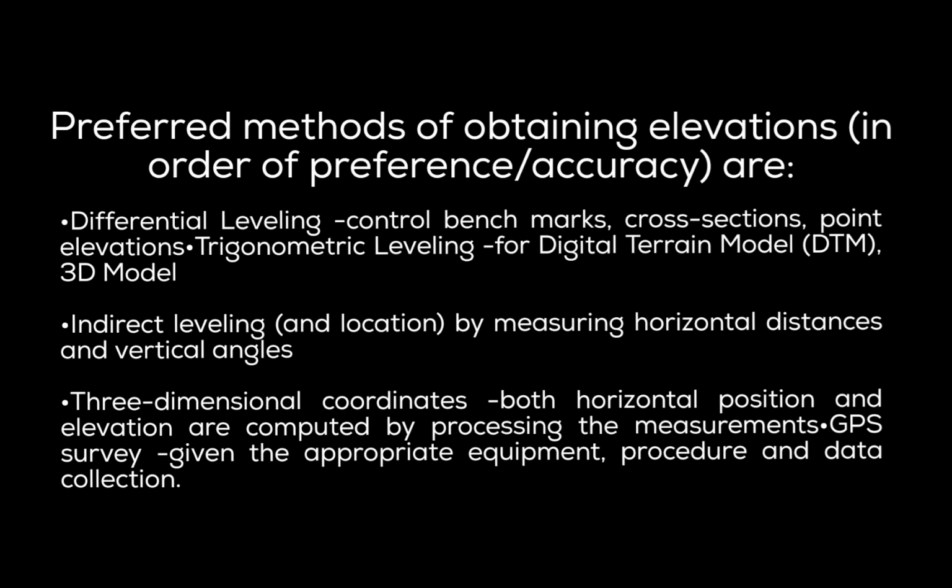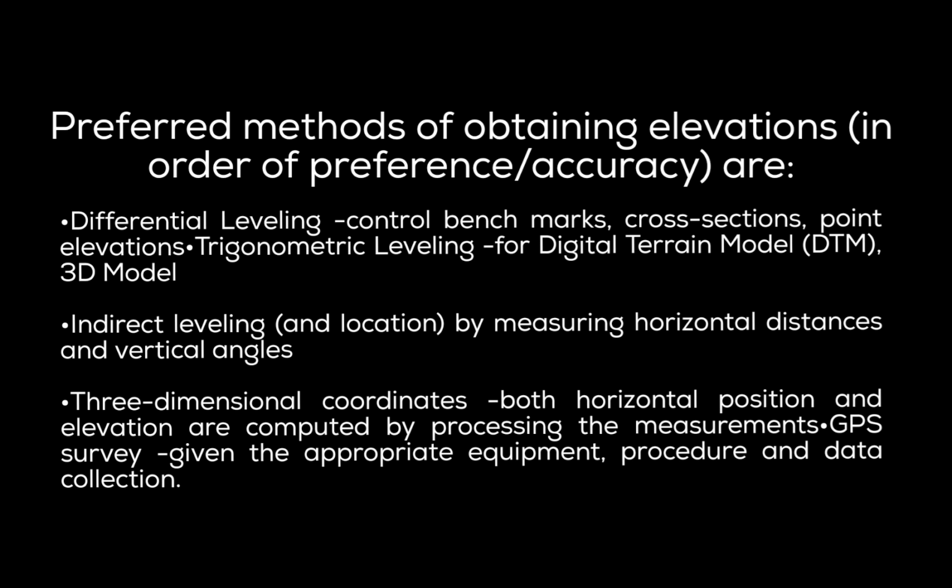Preferred methods of obtaining elevations, in order of preference, are: first is differential leveling, for control benchmarks, cross sections, and point elevations. Second, trigonometric leveling, for digital terrain model or DTM and 3D model.